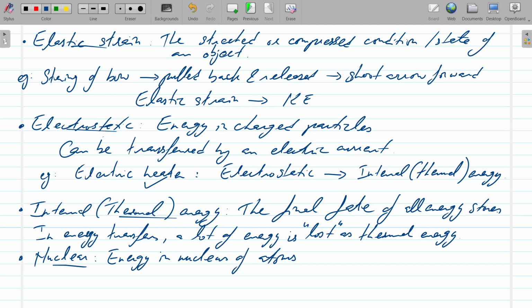It can be transferred to other energy stores through nuclear fission and fusion, which will come later when we talk about radiation and radioactivity.